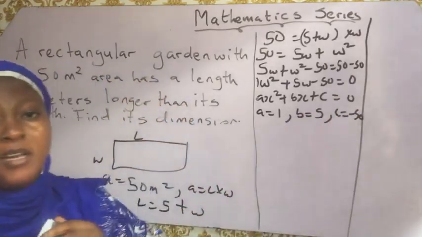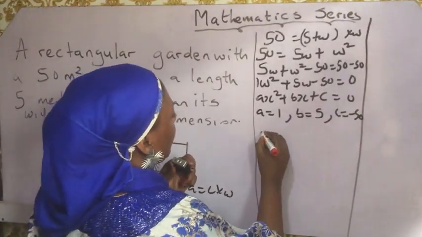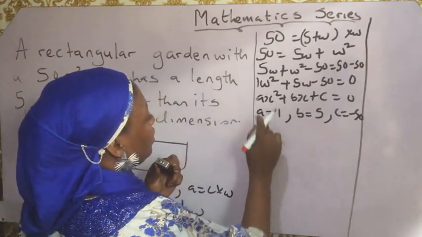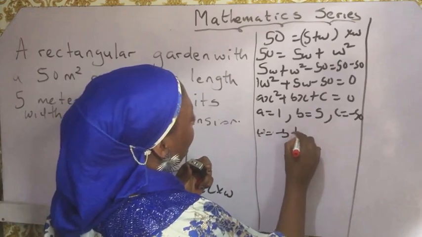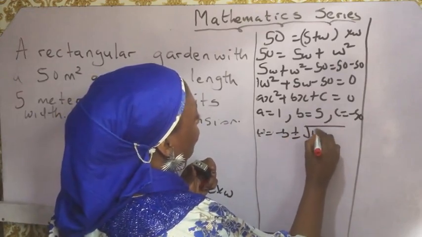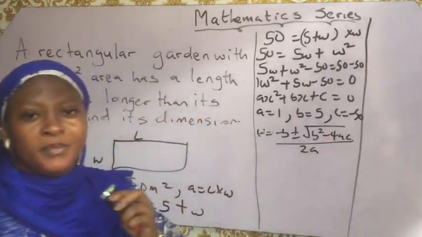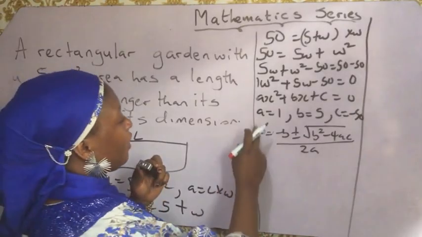Now, we are going to plug in these values into the quadratic formula, which is x. Now, in this form, x will be represented w, so we say w is equals to minus b plus or minus radical b squared minus 4ac over 2a. So this is the quadratic formula that we plug in the values.